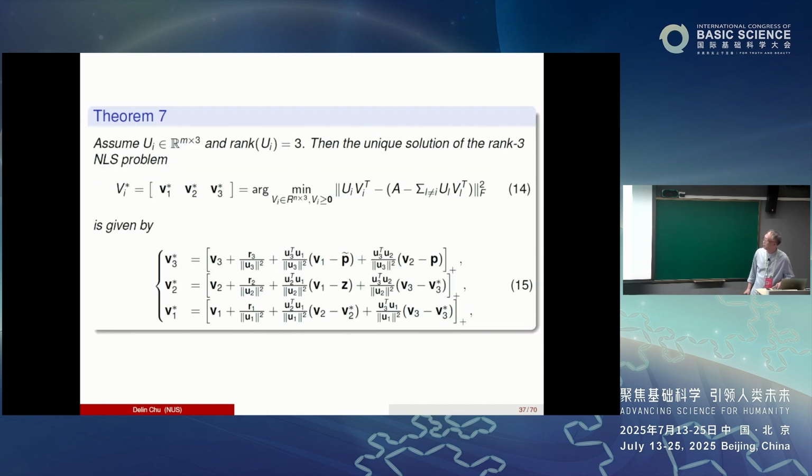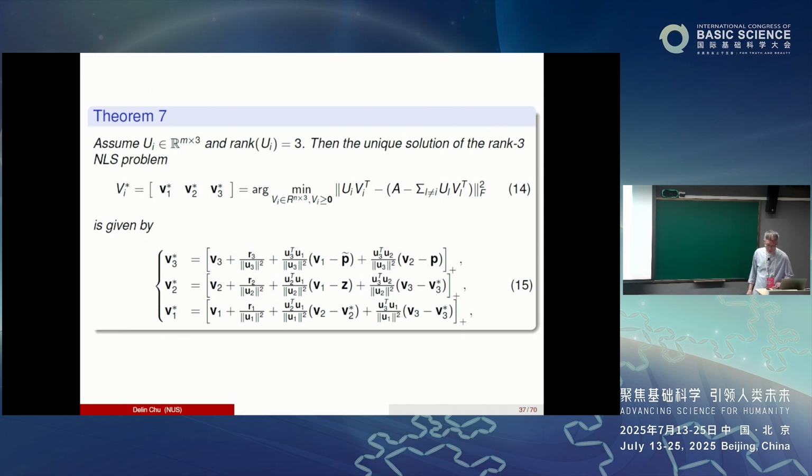Then we want to find the closed form solution for our subproblem. So we have this result. Now suppose Ui, n by 3, is also of full column rank. Then the unique solution of this rank 3 non-negative least square problem is given by this formula.